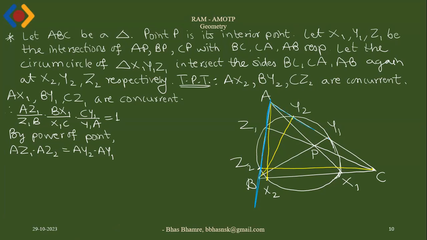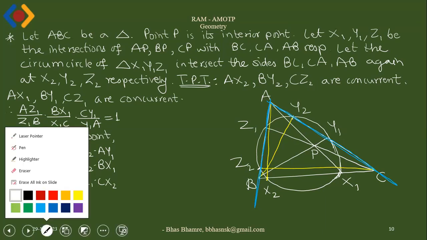Similarly, for B, I get that BZ2 times BZ1 is equal to BX2 times BX1, and for C, CY1 times CY2 is equal to CX1 times CX2. Now equality is symmetric.